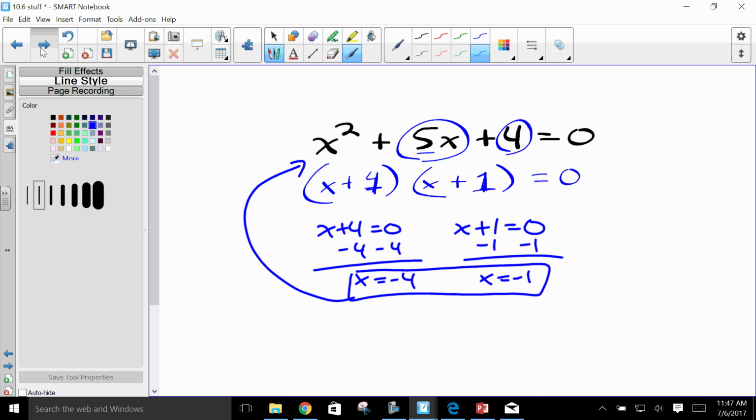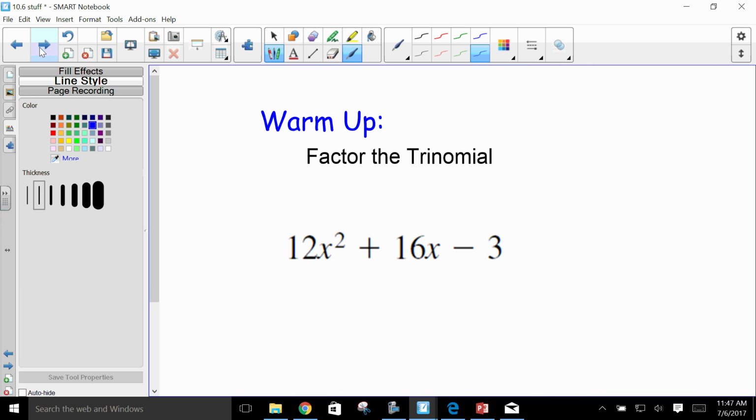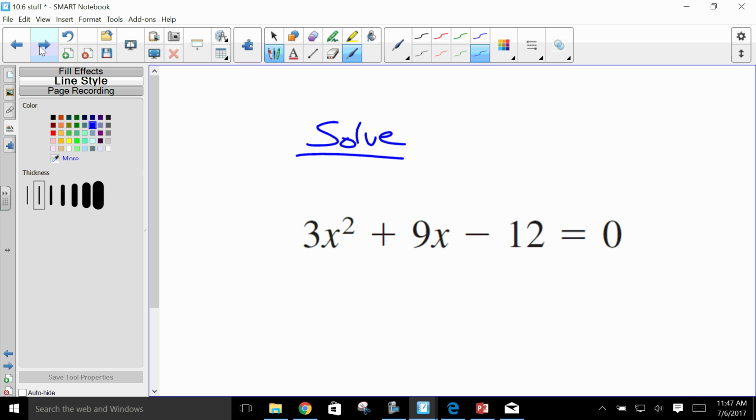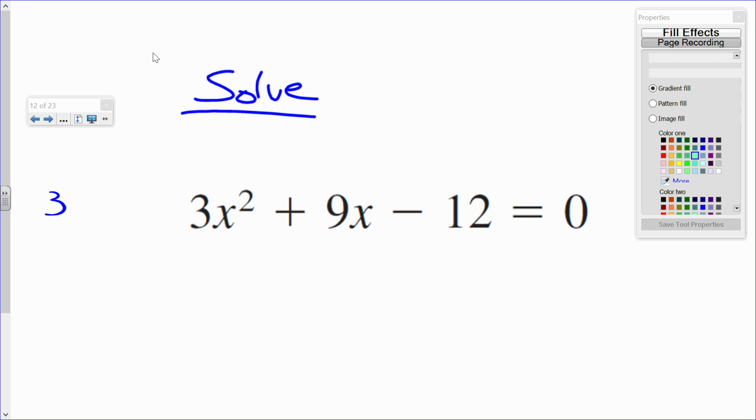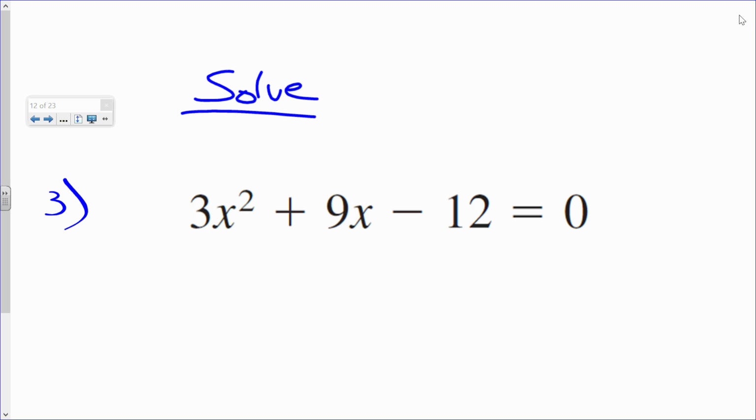Example 3 is right there. Copy that down. X squared plus 9x minus 12.